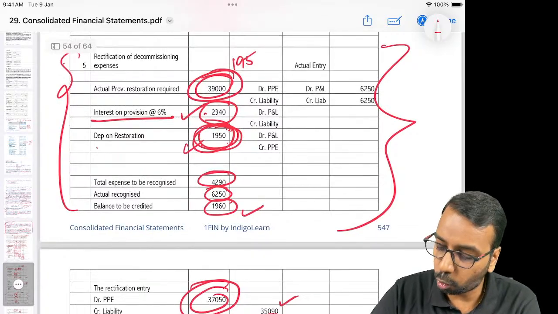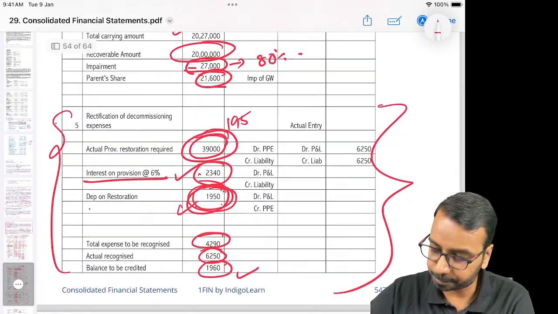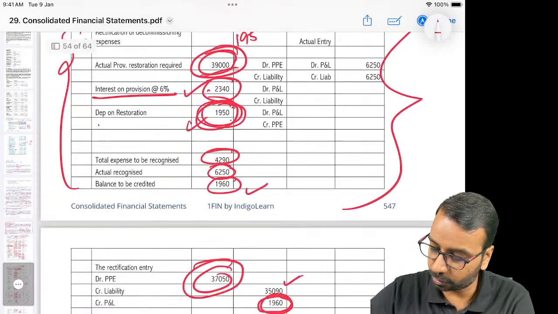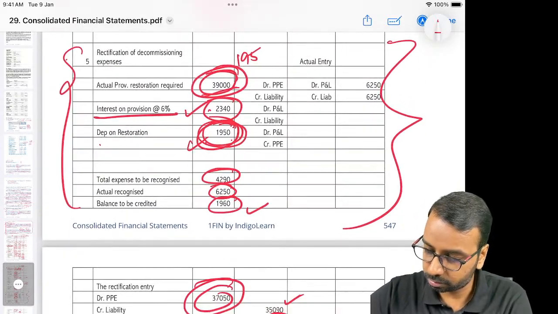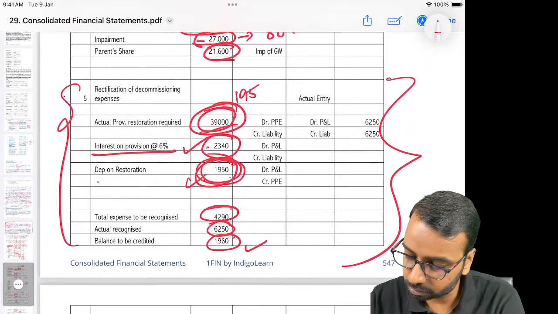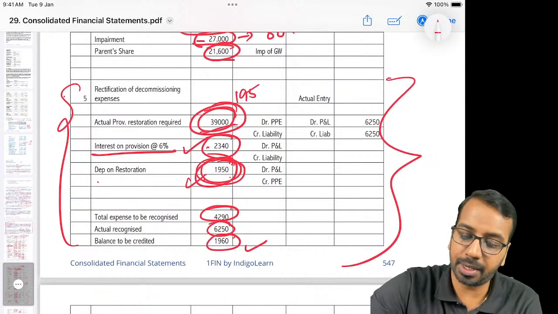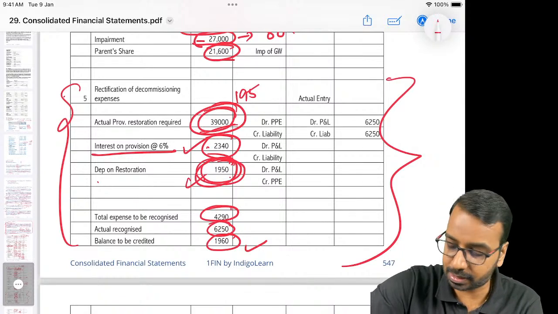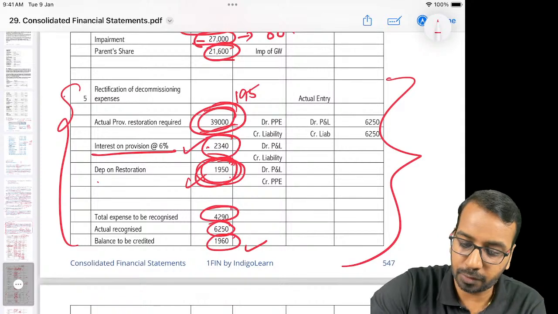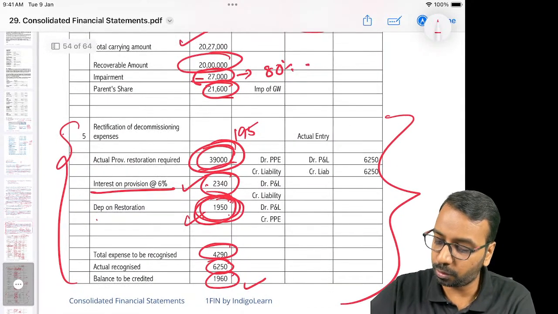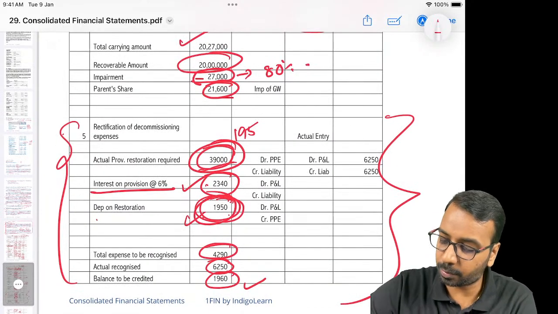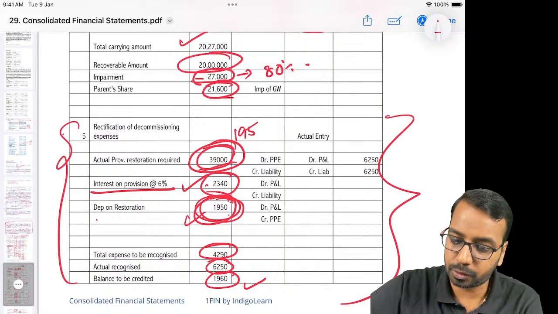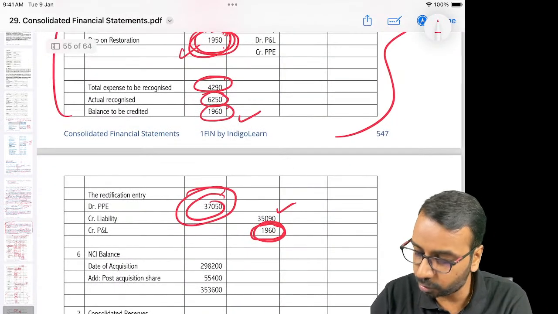That is opening liability 39,000 plus interest 2340, 41340, minus what they have provided, 6250. So 35090 we will add to liability.